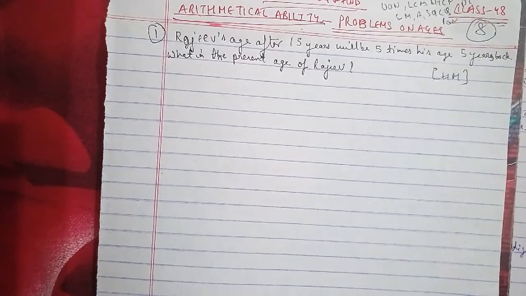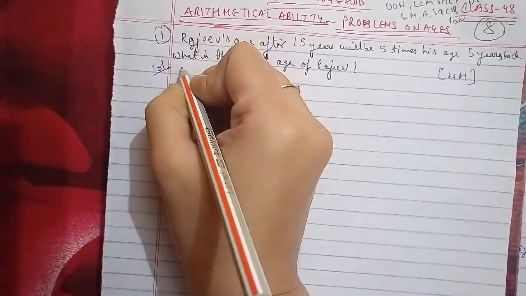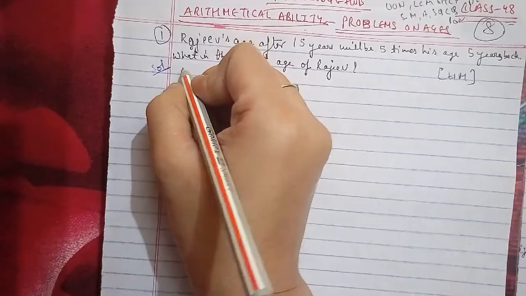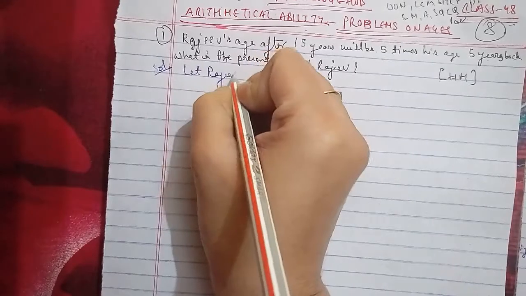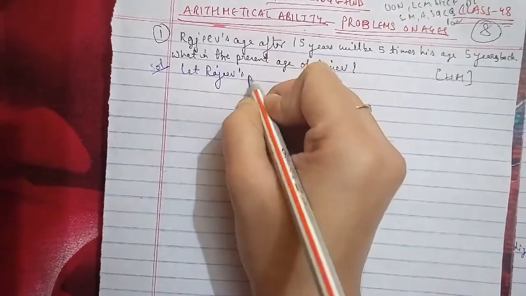So here, let Rajiv's present age be X years.